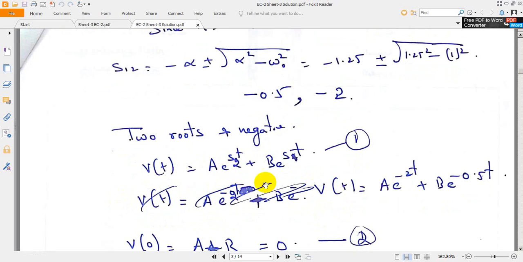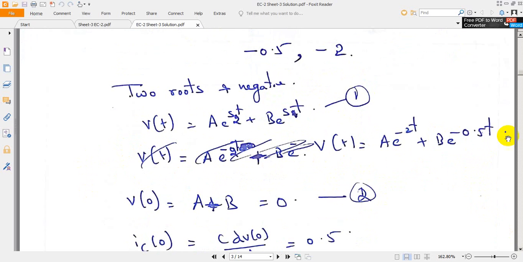Once we have this equation for the overdamped response of an RLC circuit, v(t) is equal to A e power minus 2t plus B e power minus 0.5t, substituting the values of s2 and s1. Now substitute the initial conditions, which are the values before the switching operation.